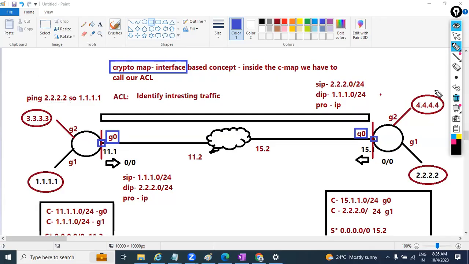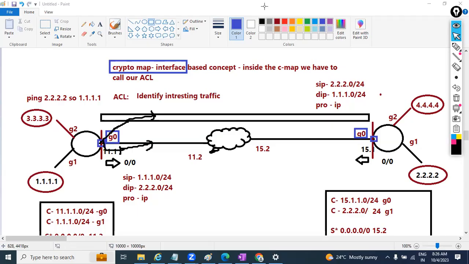Okay, so based on the ACL, routers would decide if data would pass through the tunnel or the VPN, or data would pass through the ISP. Clear or not? So this concept is known as policy-based VPN.